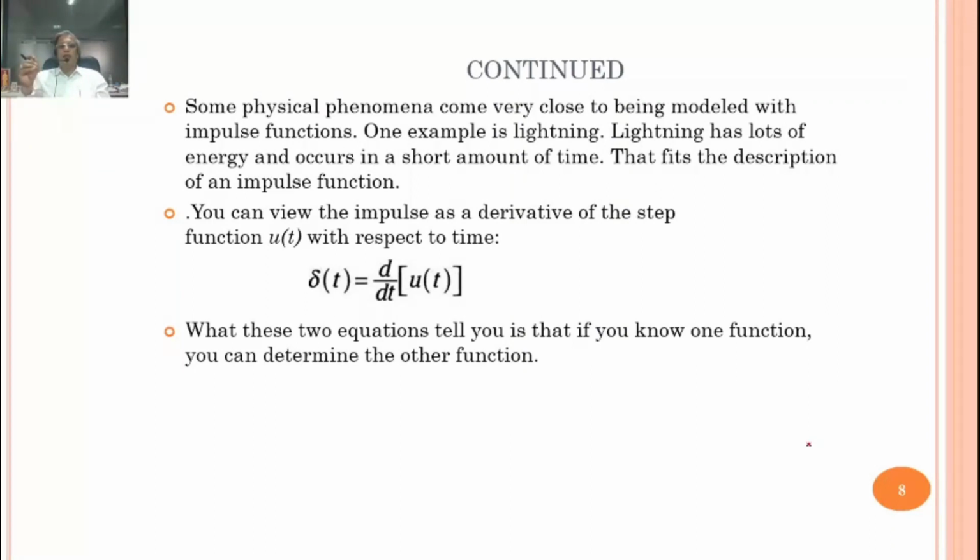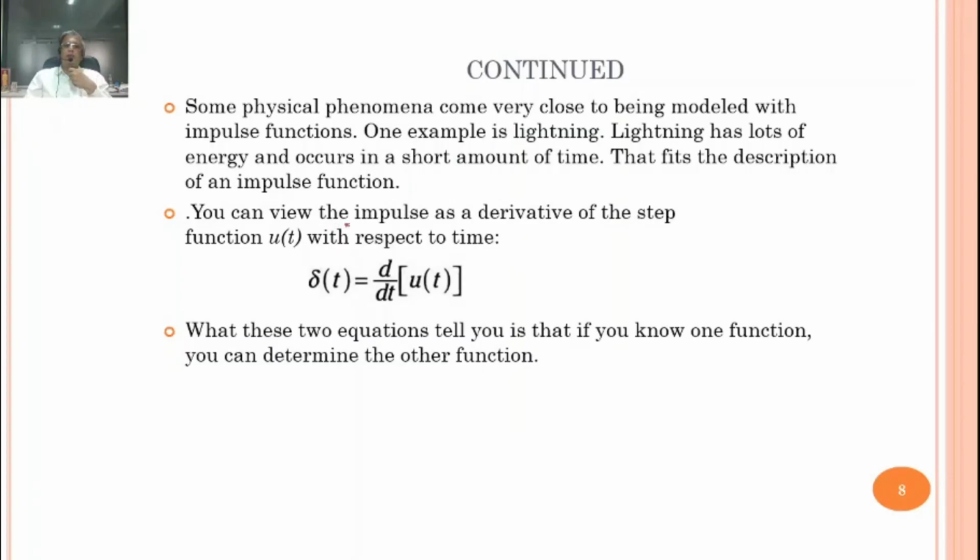And that fits the description of the impulse function, as we know that the impulse function occurs at t equal to 0, having a very small width and infinite height. Here, a lot of energy occurs in a short amount of time in lightning.